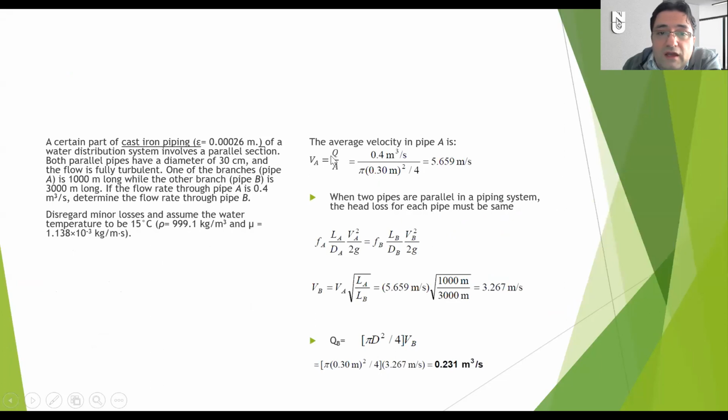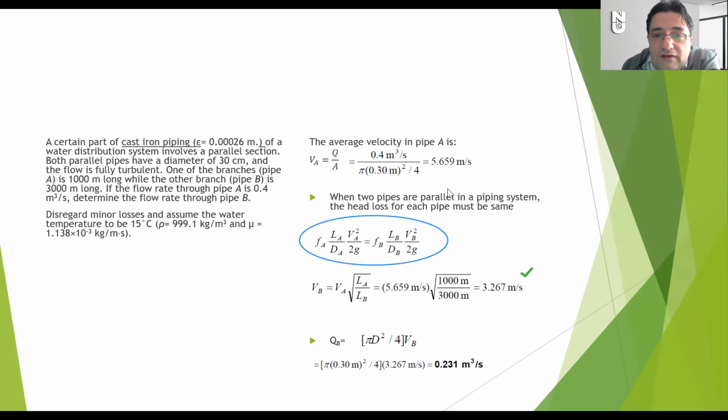Let's find it. We calculated the velocity, and in theory the head losses are going to be the same in branch A and branch B. If you write the equation as given on the screen, follow my cursor, you will see that the velocity at branch B is going to be just 3.3 meters per second.